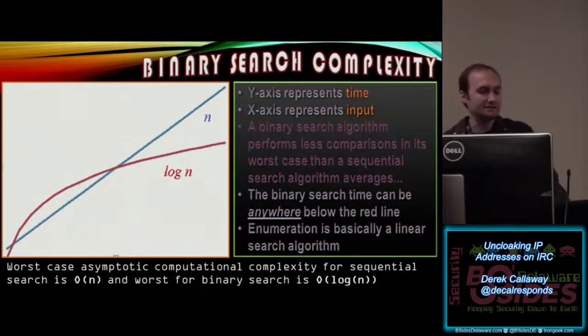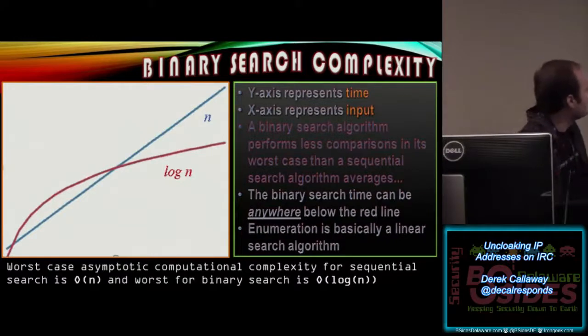So that takes us from a linear complexity of big O of n down to a logarithmic complexity of log of n. So basically our runtime is going to be anywhere below that red line now instead of following that blue line.